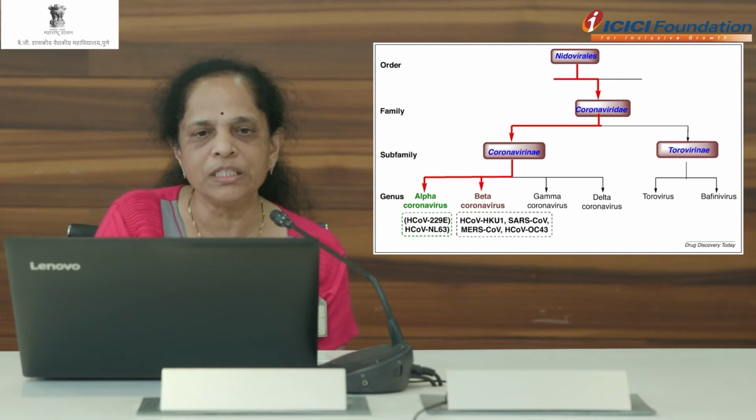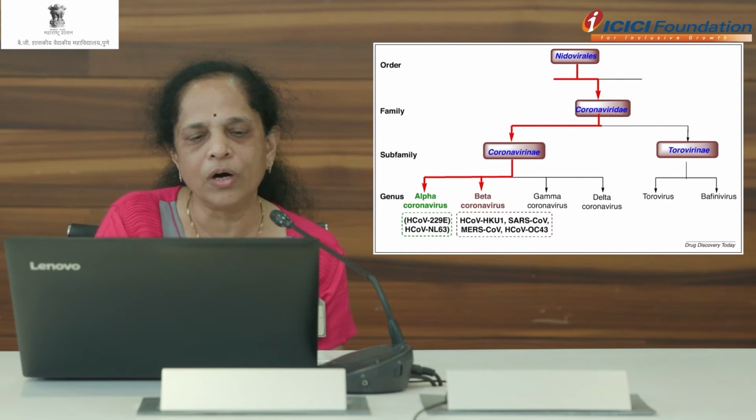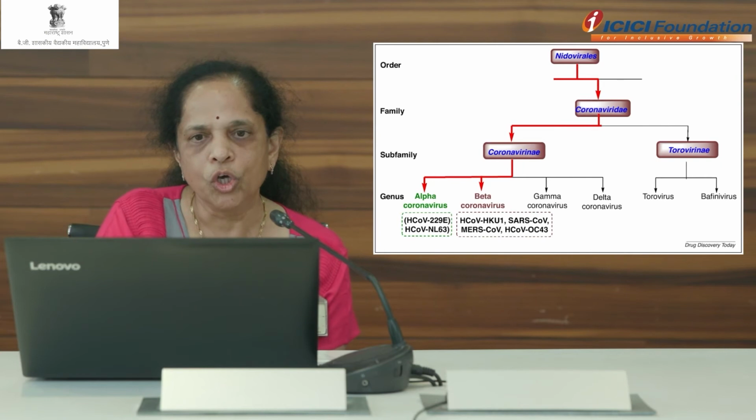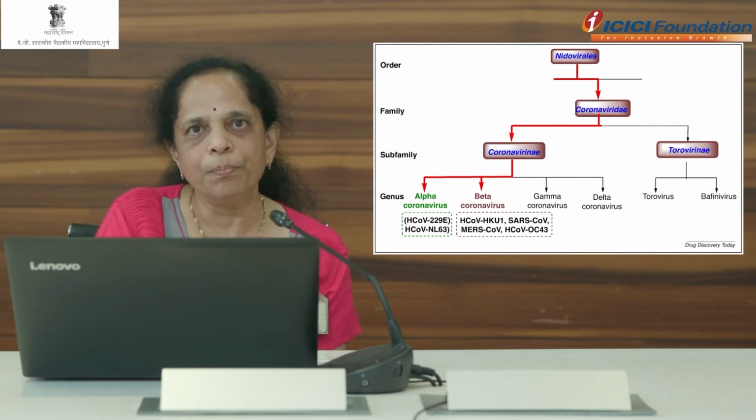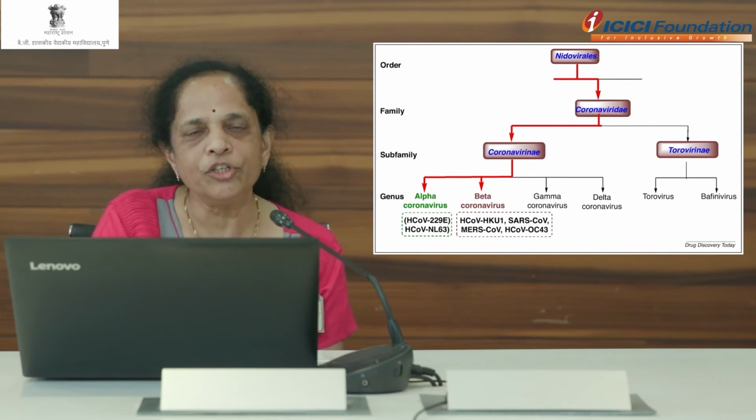Then we use one of the specific genes, either ORF gene, S gene, N gene or RDRP gene. So to say a PCR test is positive, you need at least a kit which includes two genes: the E gene and one of the specific genes I have just mentioned, ORF, S, N or RDRP.